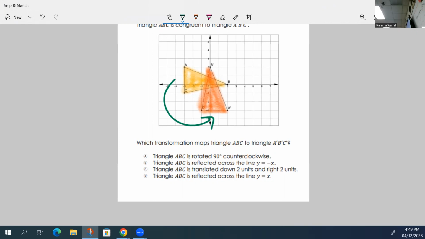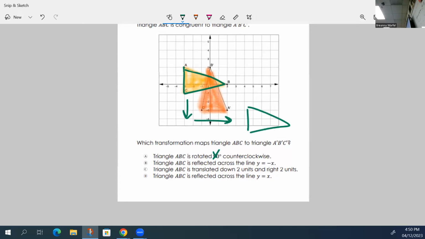So that's a problem. You shouldn't be using any rotations, so this rotation isn't going to work. Then a translation. Obviously, if you take this figure right here and you translate it 2 down and 2 right, it's still going to be turned this way. So translation doesn't work.